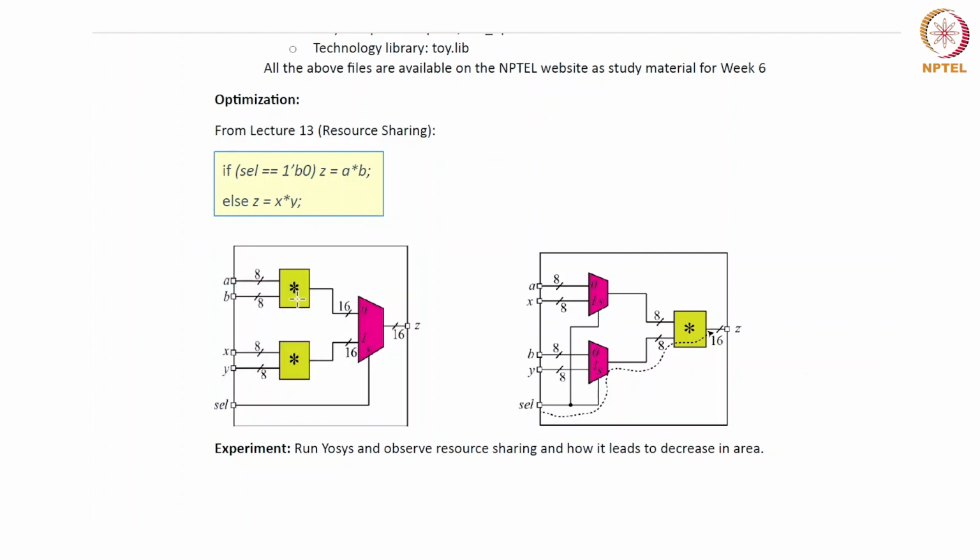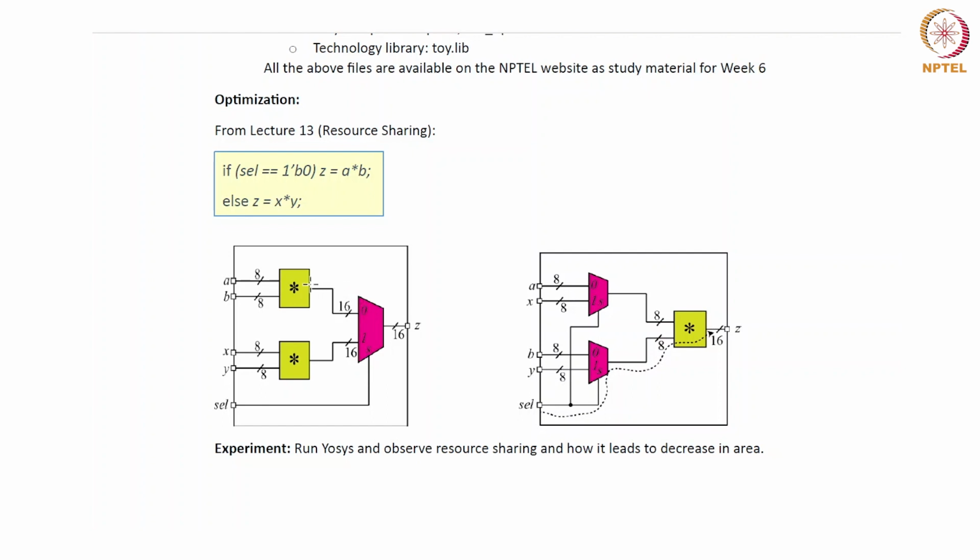We have two multipliers, one multiplier corresponding to a multiplied by b and the other multiplier for the operation x multiplied by y. Then, using the select line, the output of one of the multipliers is selected and produced at z. So, this is the direct implementation.